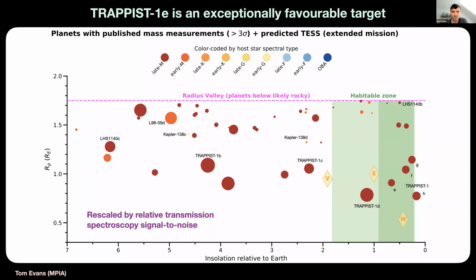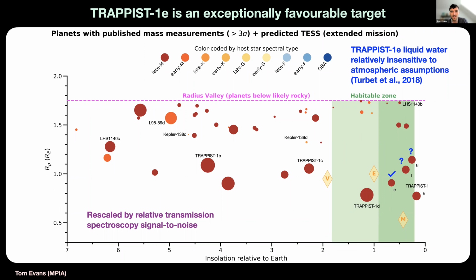But 3D climate models, such as those run by Turbay et al., suggest that planets F and G would require a substantial quantity of greenhouse gases to maintain habitability, whereas the habitability of TRAPPIST-1e is more stable for a wider range of atmospheric assumptions.